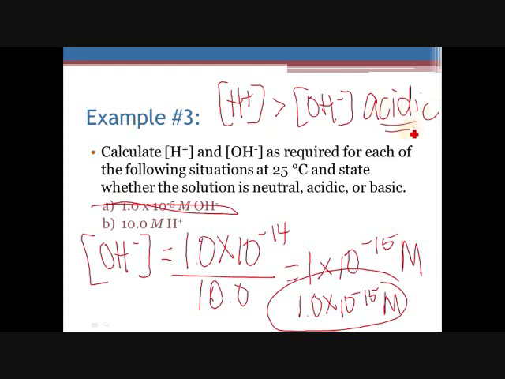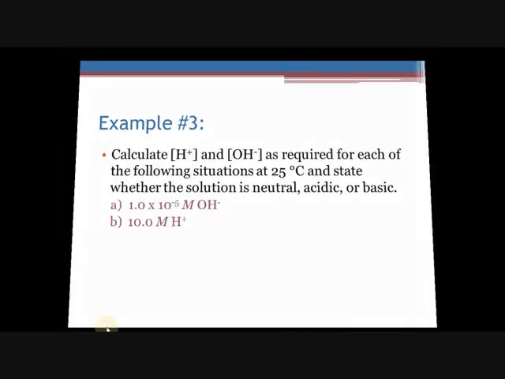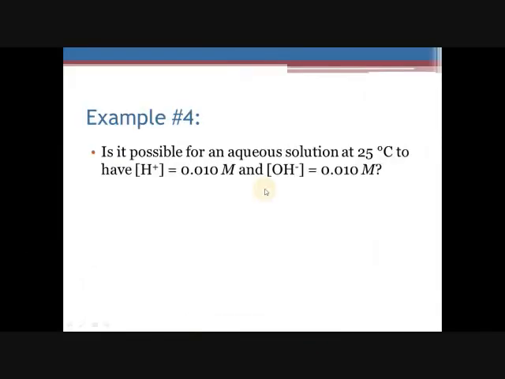Okay, so now let's do example 4, and then we'll be finished. For example 4, is it possible for an aqueous solution at 25 degrees Celsius to have a concentration of 0.01 molar for the H plus and the OH also to be 0.01 molar?